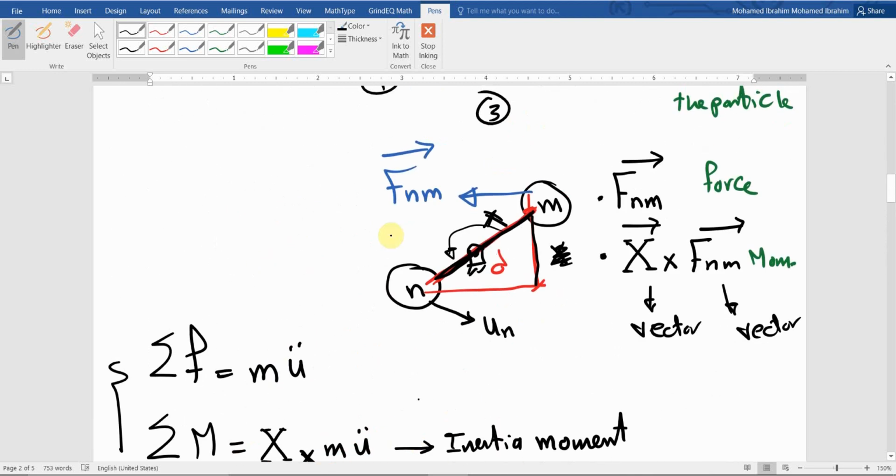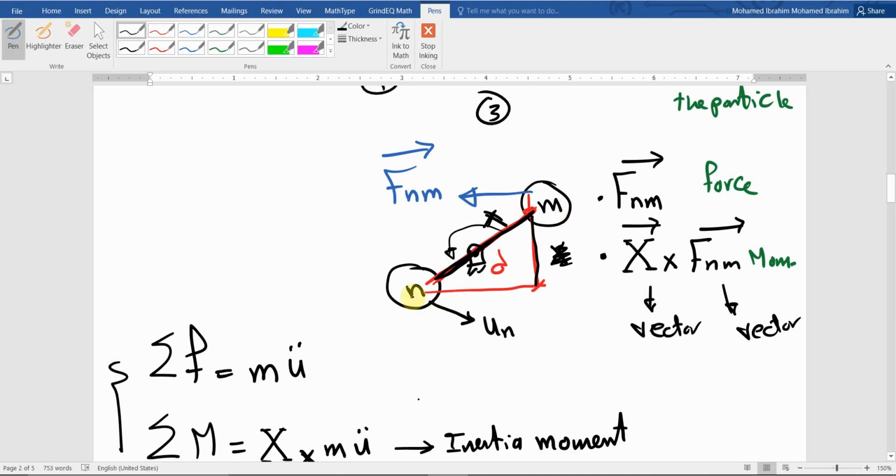Like this moment, the moment that comes from the force, this gives rigid rotation. This gives rotation not just for n, it gives rotation as well for m. So this moment term belongs to both n and m.